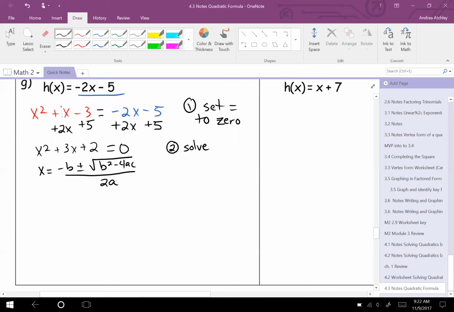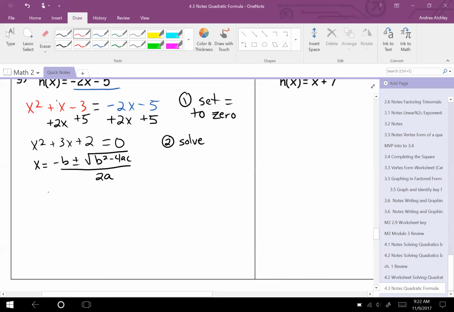Okay, Nick, you need to get a separate sheet of paper and just copy it down. I should have labeled my A, B, and C. Kevin, what's the A value here? 1, from right there.